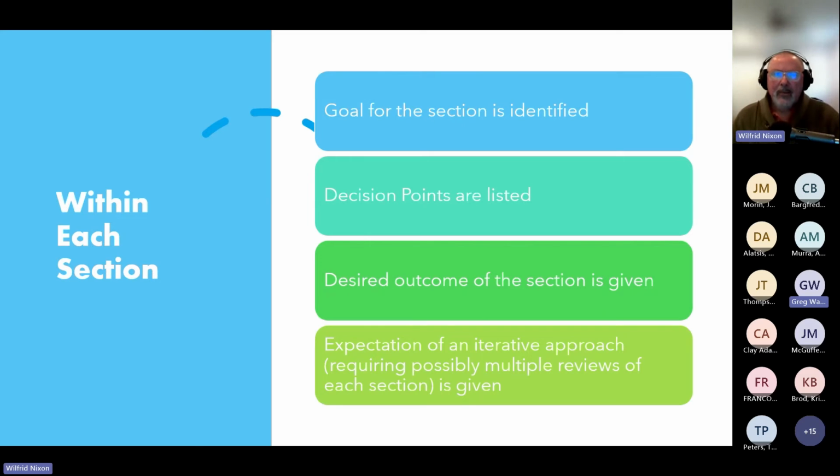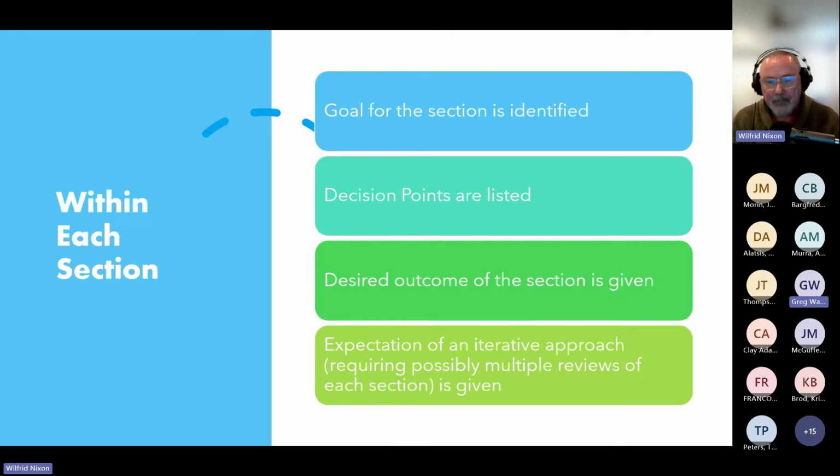So again, we have the goal for the section, the decision points, and the desired outcome of the section is given. And the expectation here is that an iterative approach is going to be the most fruitful way of doing this.